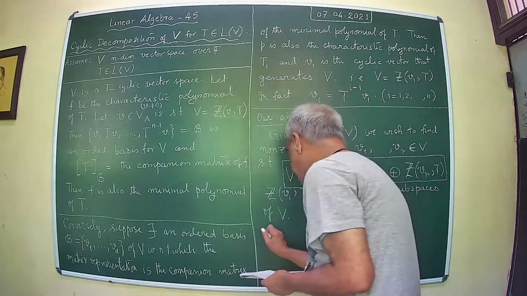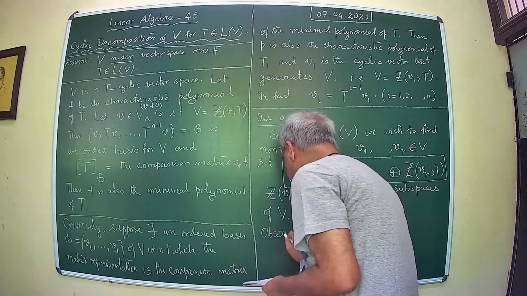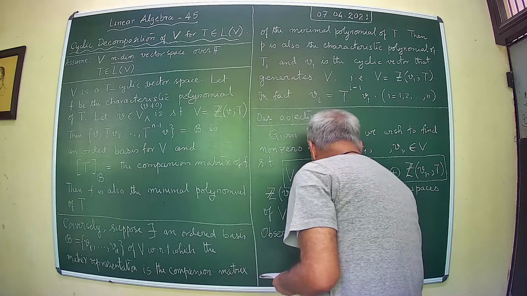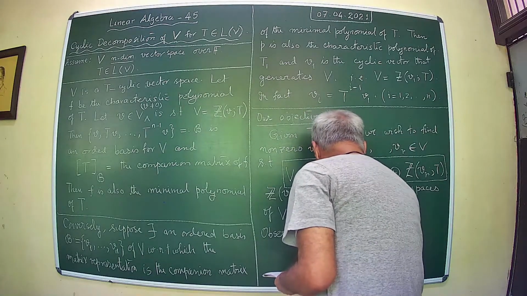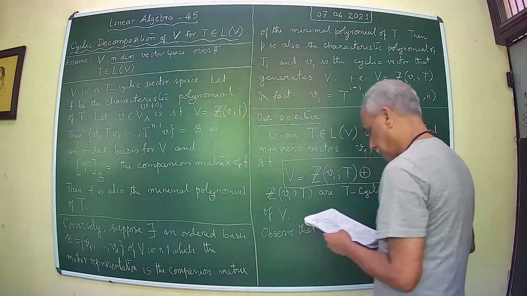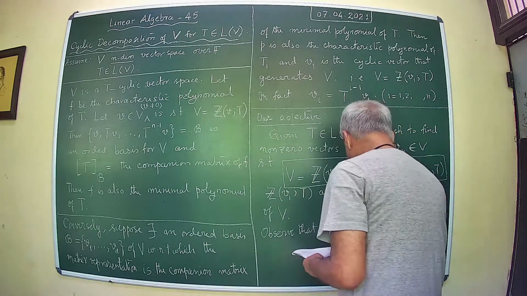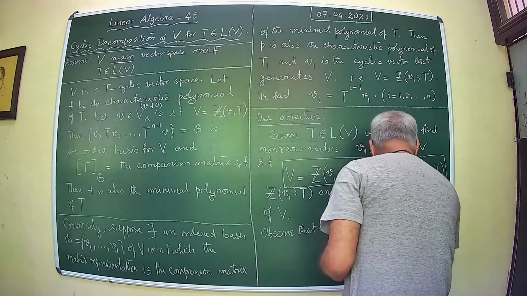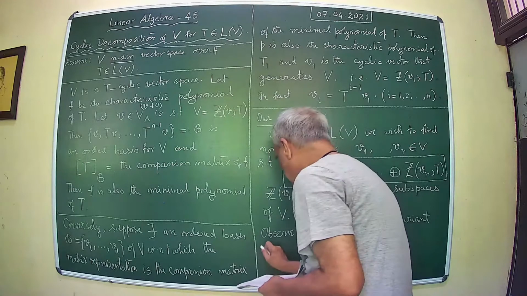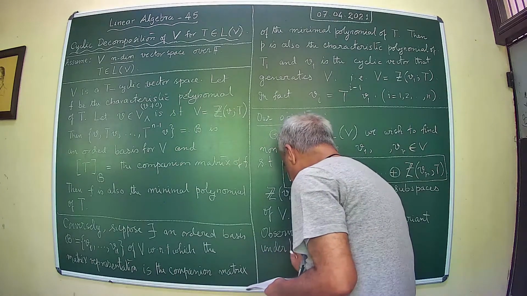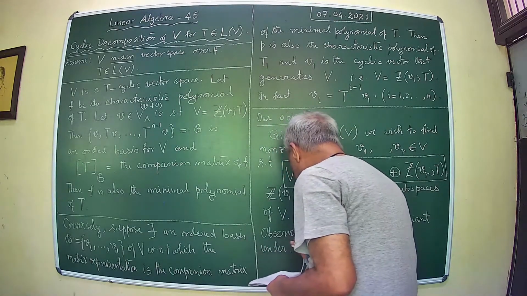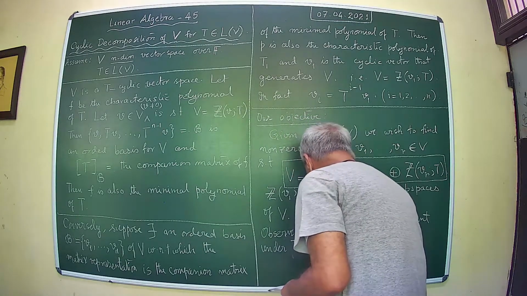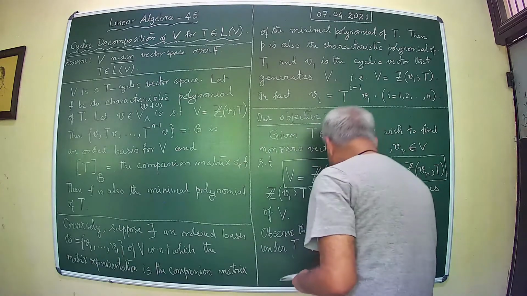Observe that Z(vi; T) is invariant for each i.